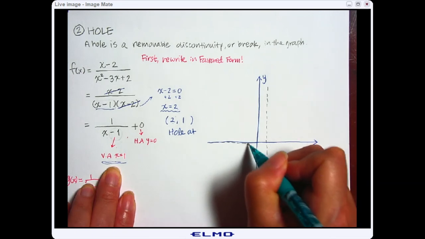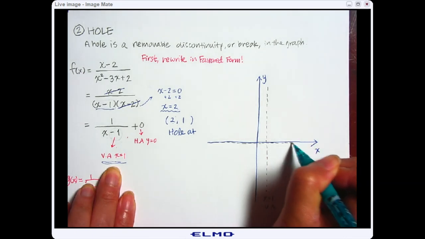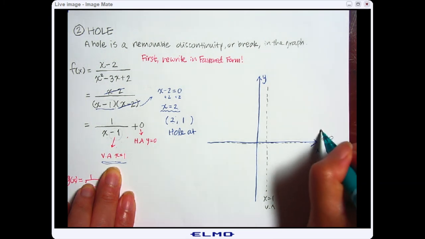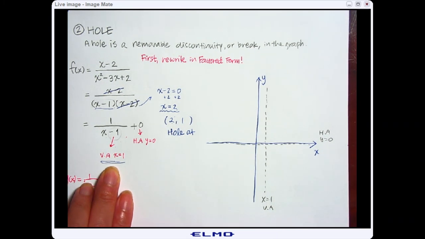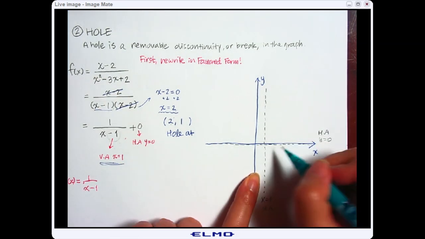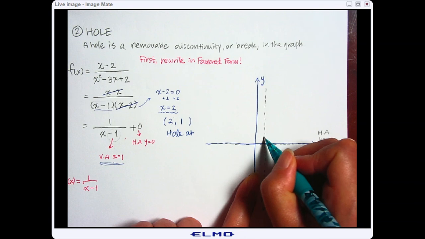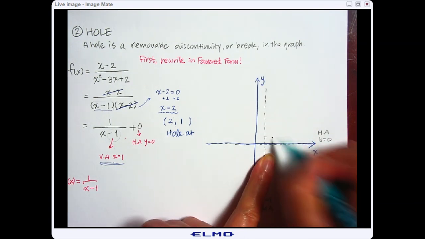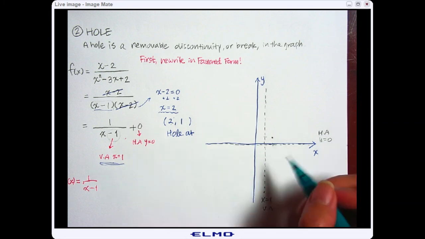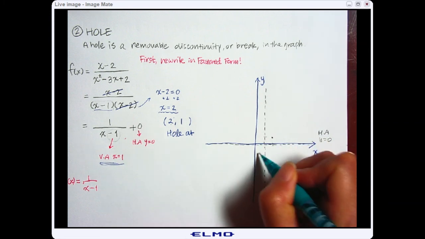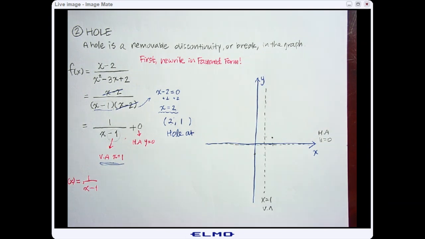And the horizontal asymptote is still right on the x-axis. Y equals 0 is the horizontal asymptote there. Then since I don't have any dilation, now I can go up 1 unit, right 1 unit, and this is the passing point here. And this is 0 and negative 1. And then now this has to be a passing point here.